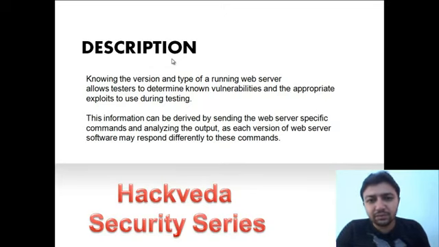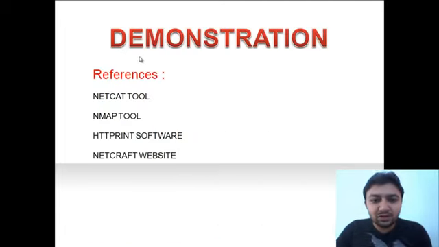There are various web server vendors, and each vendor has various versions of the same web server. So each and every web server replies differently when supplied a particular command. We will see how we can analyze what type of web server is responding to us on the basis of its reply. So let's start our demonstration.